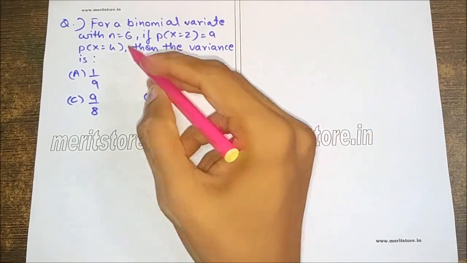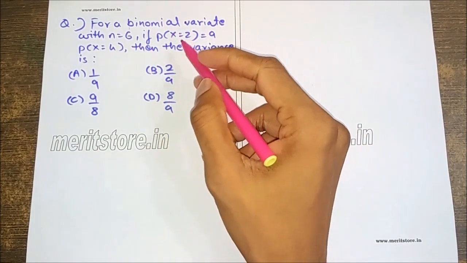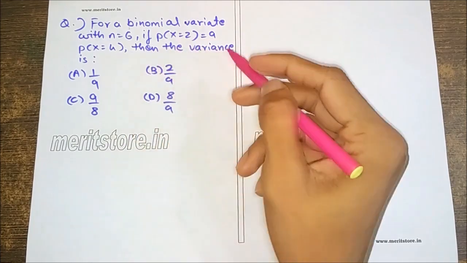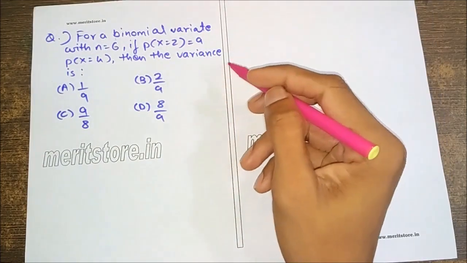For a binomial variate with n is equal to 6, if probability x is equal to 2 is equal to 9 times probability x is equal to 4, then the variance is, we give 4 options over here.